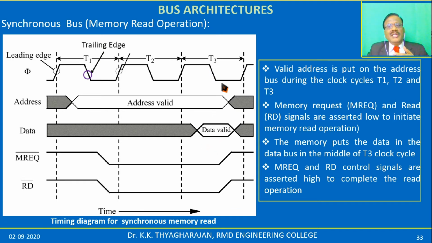Then it will be available only for a small period. Within this period, the CPU will read the data and make this memory request high. That indicates that the memory read operation is over. Then this read signal will also be made high. So all these things will be happening synchronized with these edges, that is, with the clock cycle.